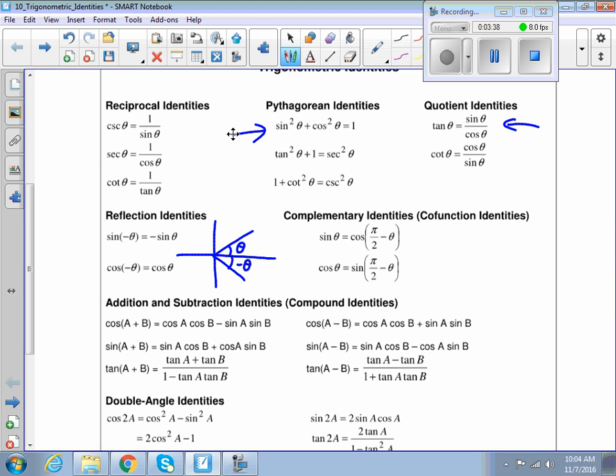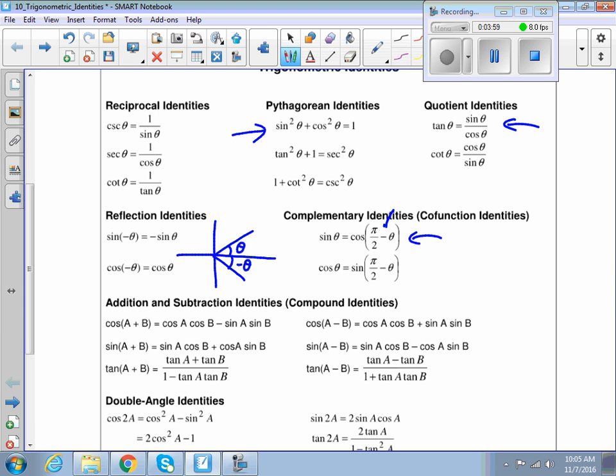The co-function identities might seem confusing, but what they're telling you, as I mentioned before, is that when you're dealing with complementary angles, sine of one is equal to cosine of the other. Imagine your angle theta is pi over 3.